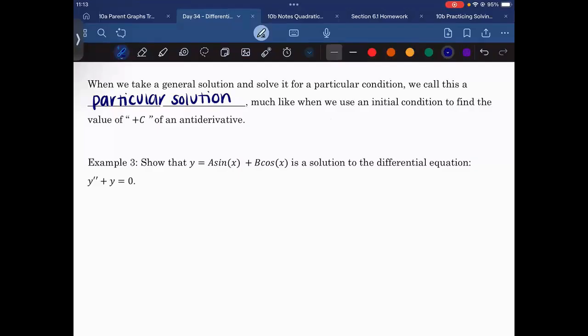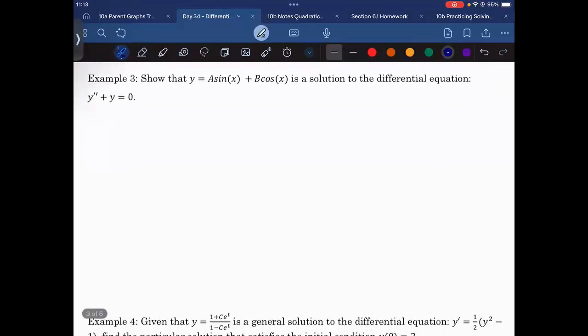Now we got example 3. Show that y equals a sine of x plus b cosine of x is the solution to the differential equation y double prime plus y equals 0. Great. Just a lot of derivatives. And the hardest part of this one is literally just going to be watching those pluses and those minuses.